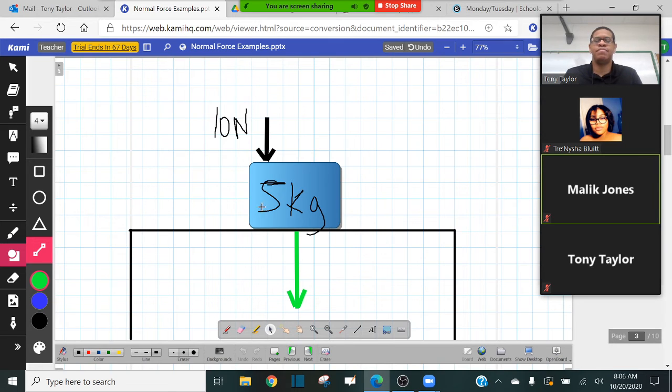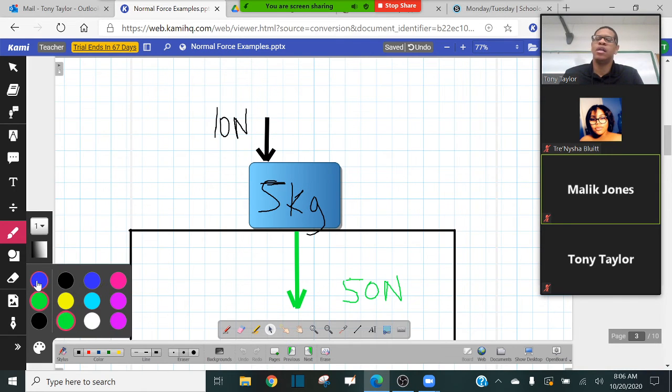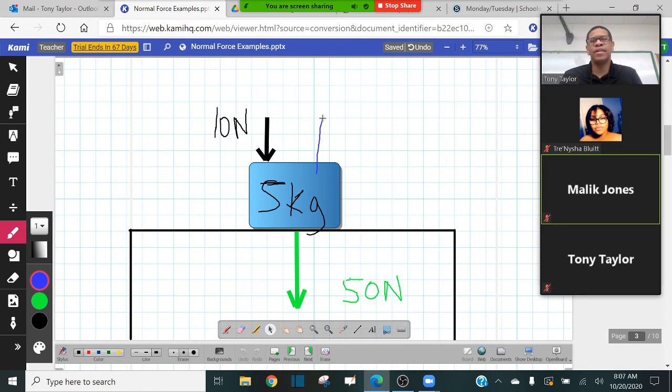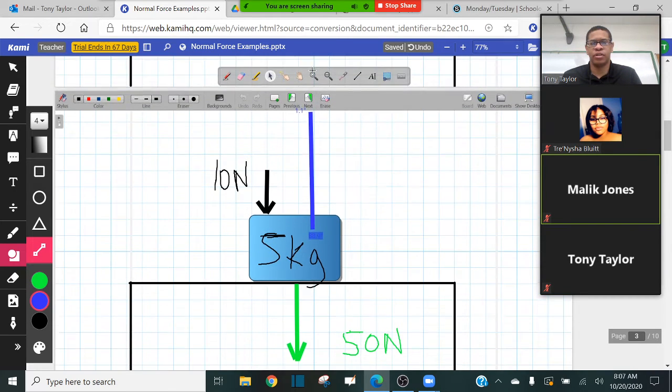So if this mass here is 5 kilograms, 5 times 10 is 50 newtons. So the force of gravity here must be 50 newtons. Now, guys, the question is, what is the magnitude of this normal force here?